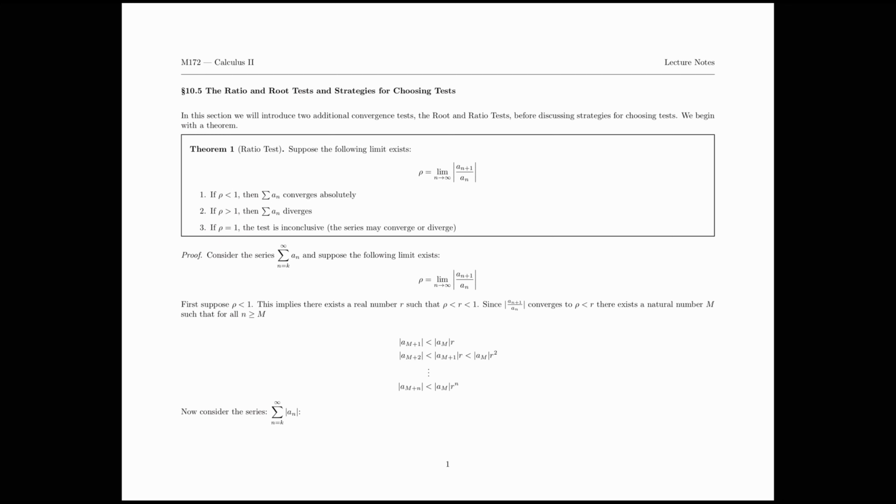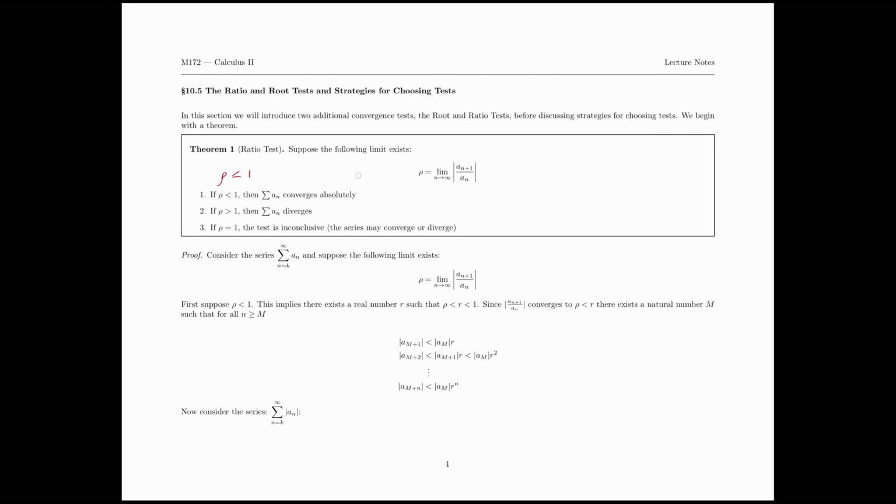We don't need to go over the proof of this, but the basic idea is we are looking at the limit of the ratio of two successive terms, and if we get the limit of this ratio, rho, to be some number that's less than 1, then there are infinitely many numbers to choose from.